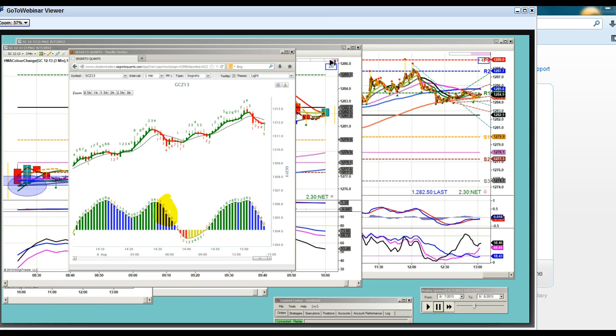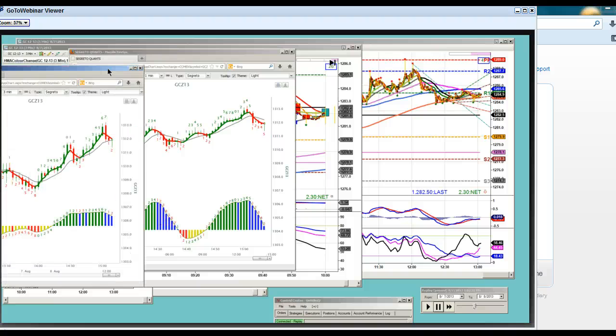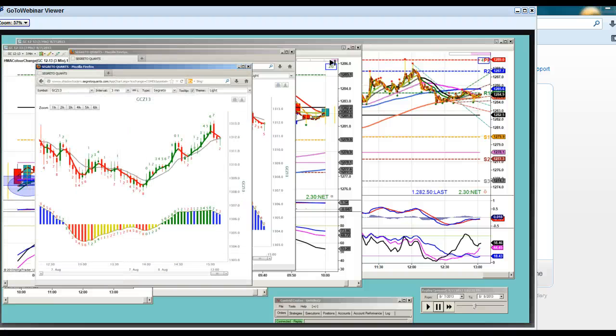I like to use my 1 and my 3 for counter trending on the Segredo, and when you see the blue and the yellow, here's the yellow coming in for your reversals or your gap trades, but you're looking for the blue on the 1 and the 3, and that's what I will be doing.